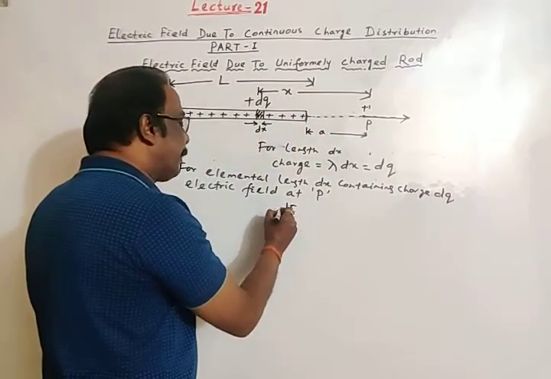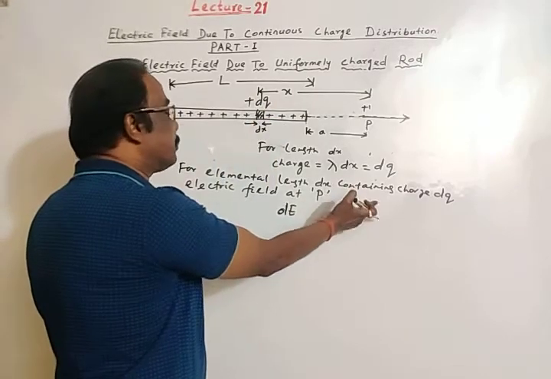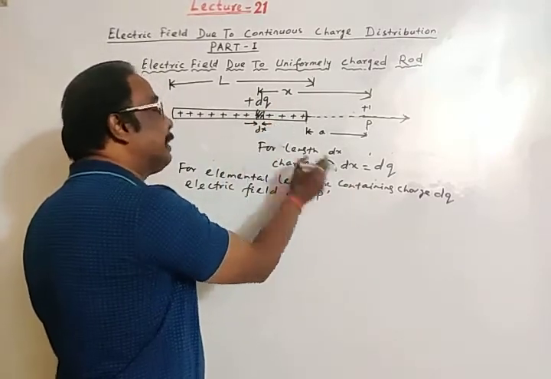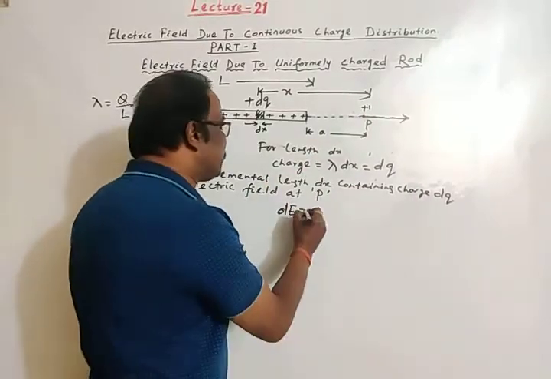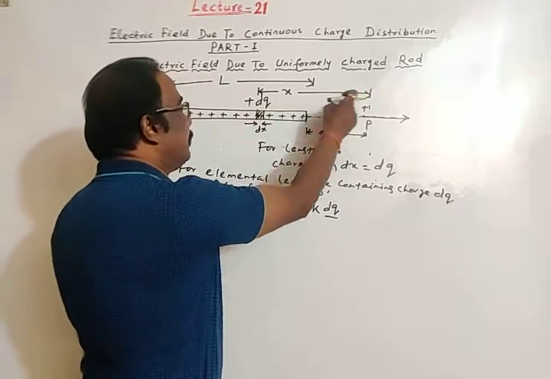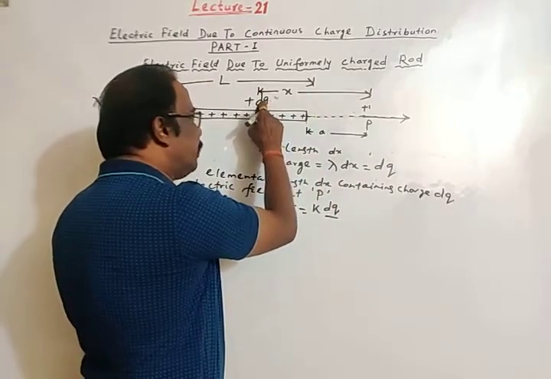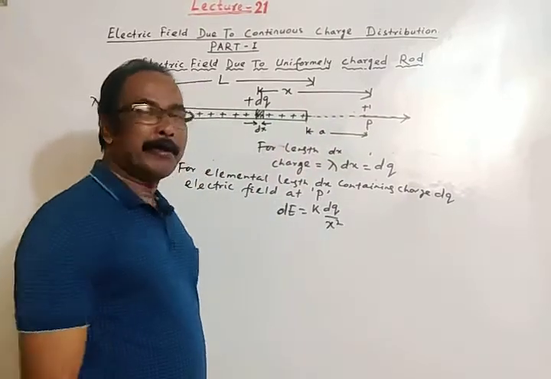Let the electric field intensity due to this elemental length dx containing charge dq be dE. Then dE is k, charge is dq, distance from this charge dq to point P is x, so k dq by x square.